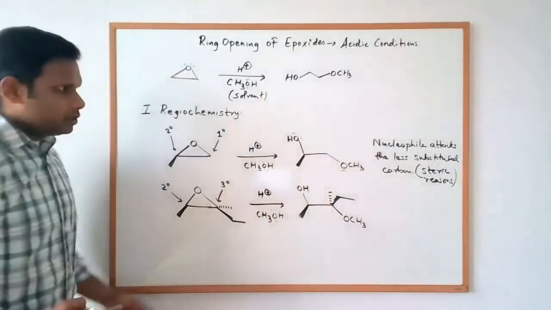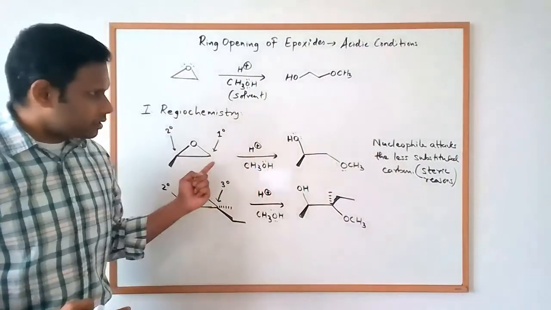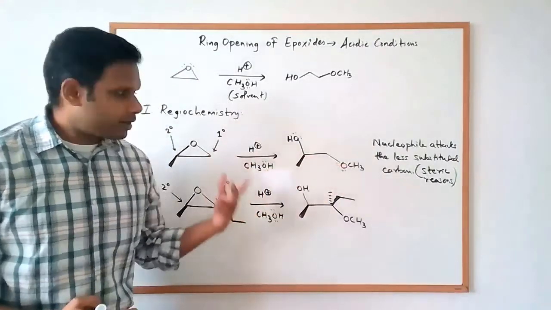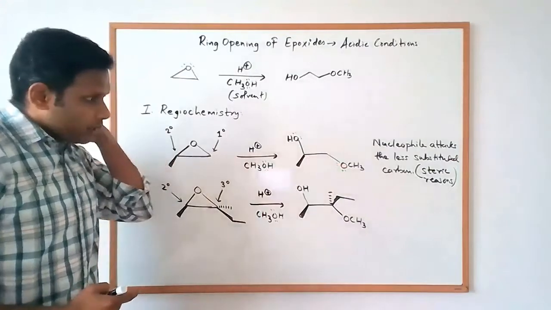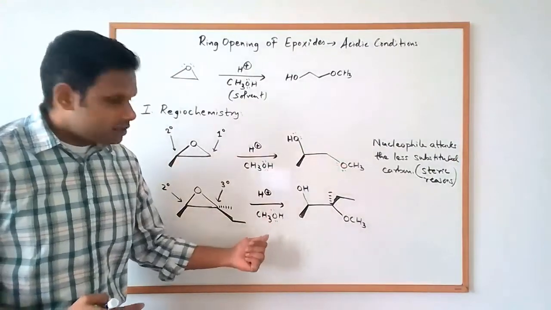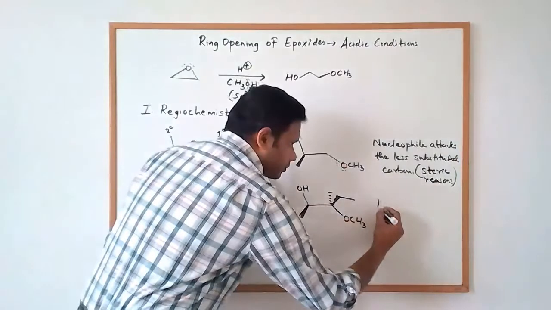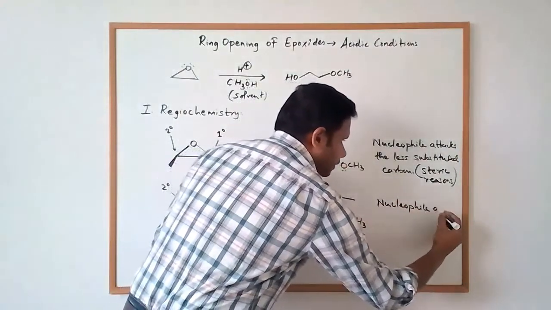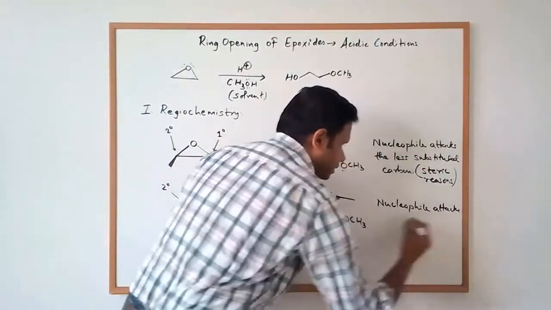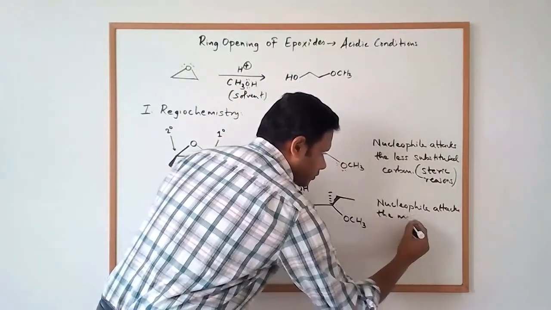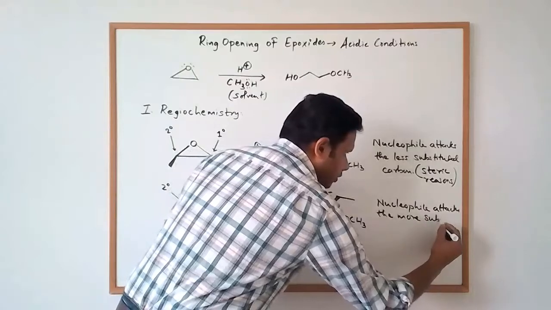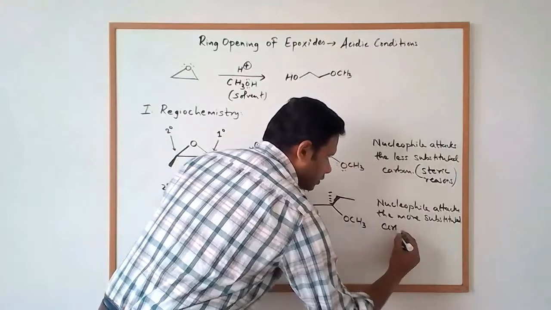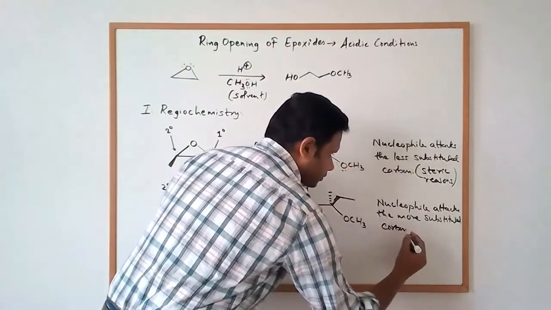Okay, so if you notice, in the first case, the nucleophile attacked the less substituted carbon, so the attack is guided by sterics here. Whereas in the second case, the nucleophile attacks the more substituted carbon.